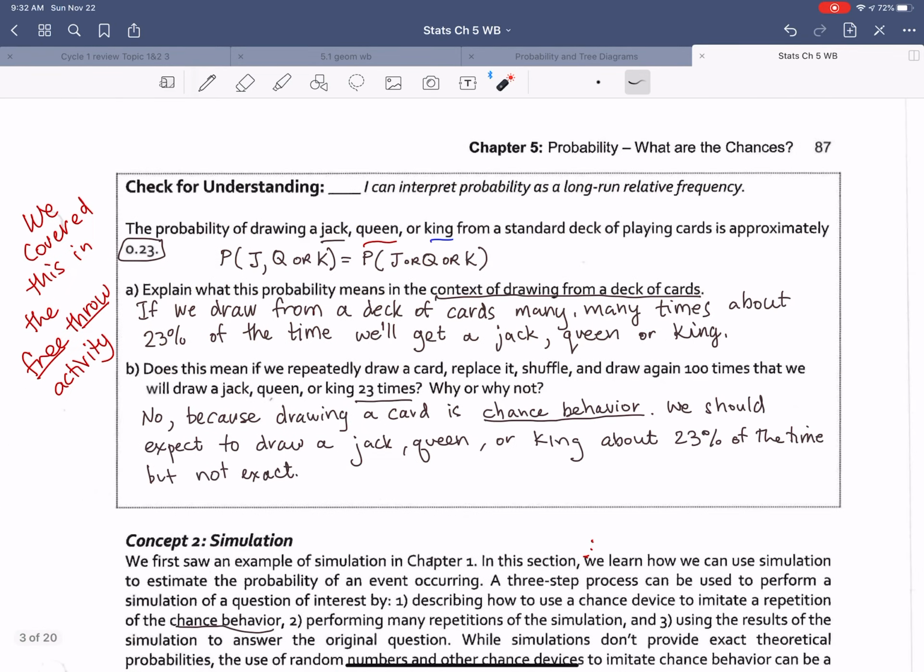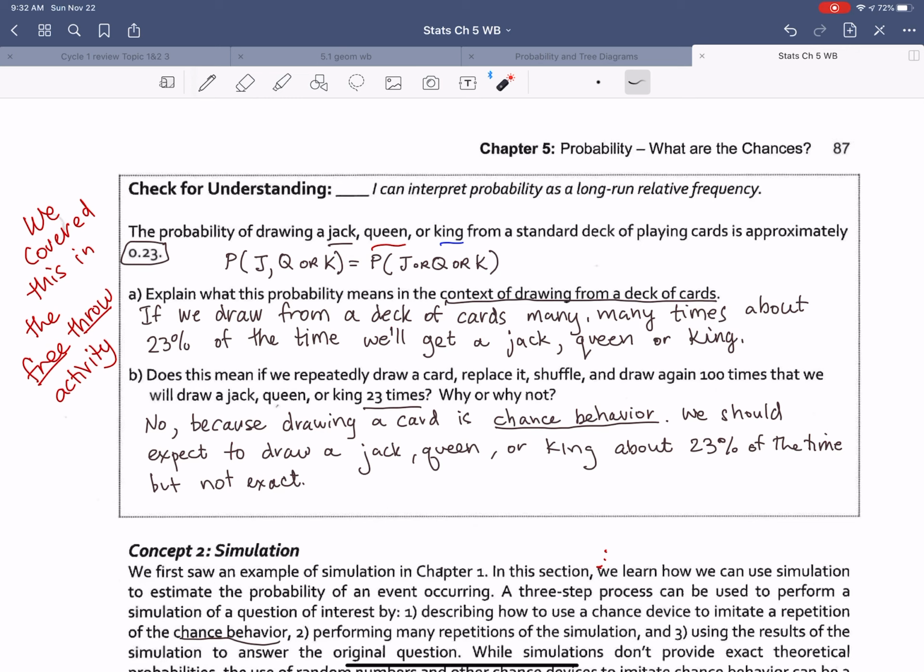So I hope you took the opportunity to use this as extra practice. Check our understanding: I can interpret the probability of a long run frequency. Here's another scenario. What's the probability of drawing a jack, a queen, or a king from a standard deck of playing cards? They're telling us it's approximately 0.23. The notation we've been learning, you would write like this, and this is what we covered in the free throw activity.